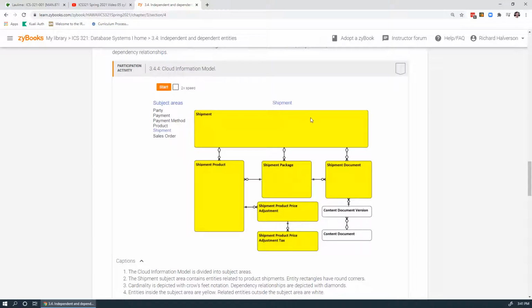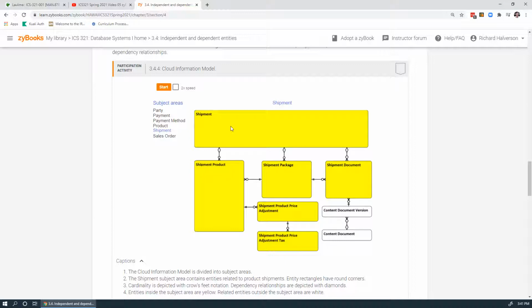Here's the cloud information model. Here's an example where we can see relationships between these. We have a shipment, and a shipment has to have a product, and this is a dependency thing where product depends on the shipment.